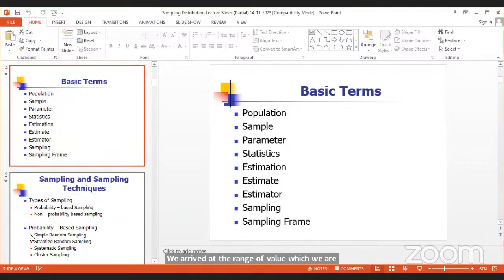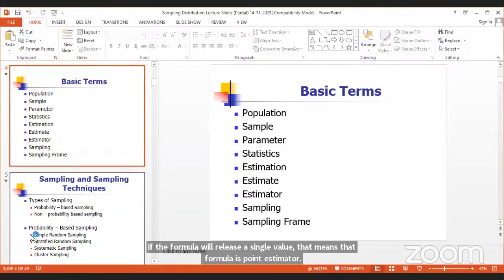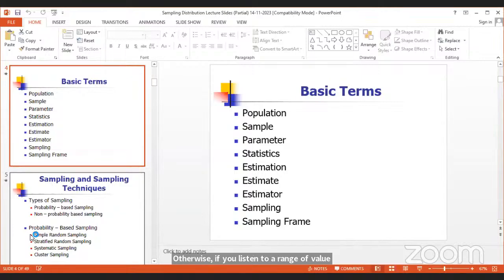And then the formula that you used, those formulas, they are referred to as estimator. So if the formula will lead to a single value, that formula is point estimator. Otherwise, if it leads you to a range of values, that formula is interval estimator.